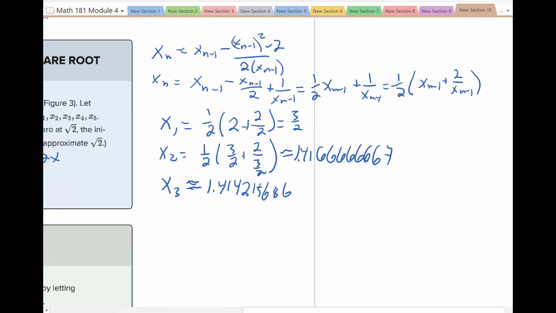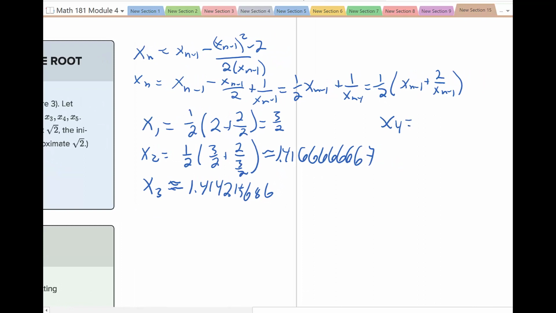For x4, we're going to have 1.414213562. These should start looking familiar, like the square root of 2. And x5 is approximately 1.414213562 again. So we've repeated the same terms going out that far, so if that's our tolerance, we'd stop there.